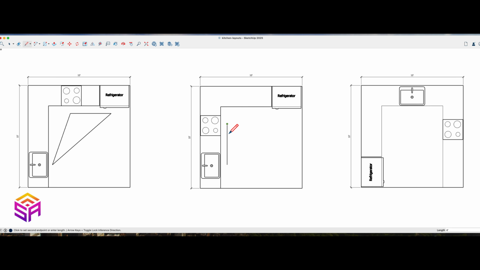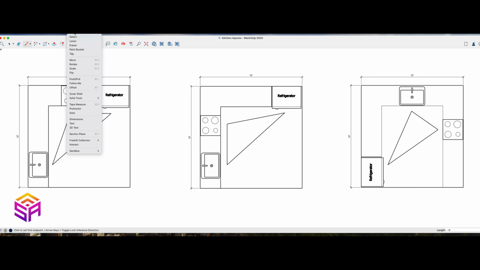I won't get it perfect. Again, it doesn't have to be absolutely perfect. This is not that precise. And we can connect these like this, and then we can come into the dimensions. If you click on this, you'll see when those lock in.